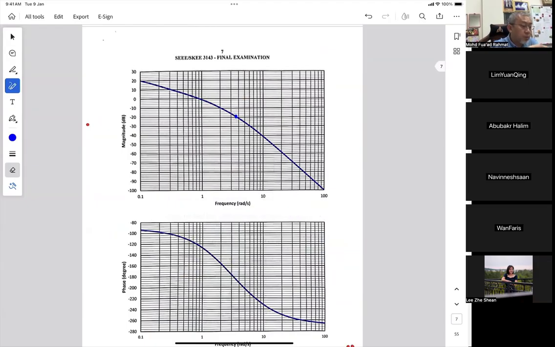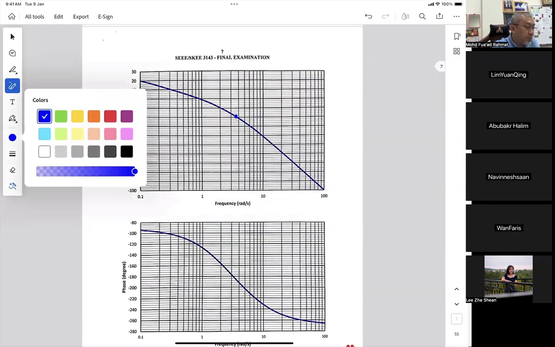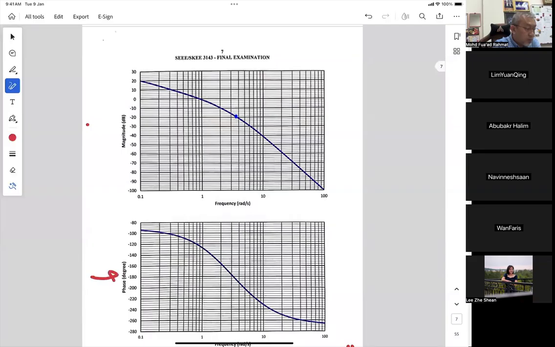Omega phase margin is around 0.9. No, here. It's here. 3 radian. Yes. Sorry, omega GM.